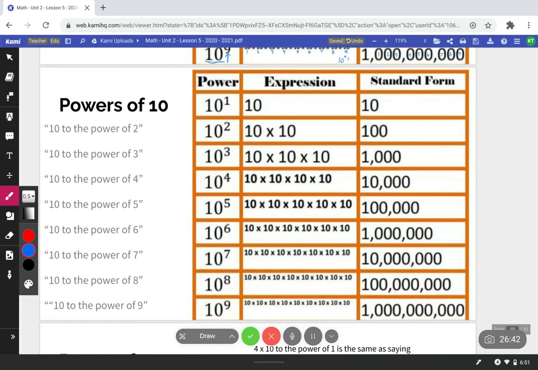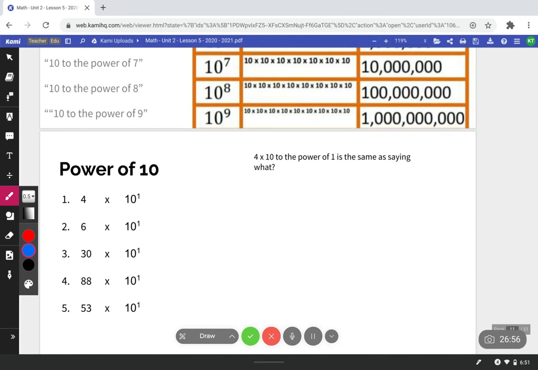So pause this video where it's at right here and make sure you understand what 10 to the power of, or the powers of 10, is asking us to do. Okay.